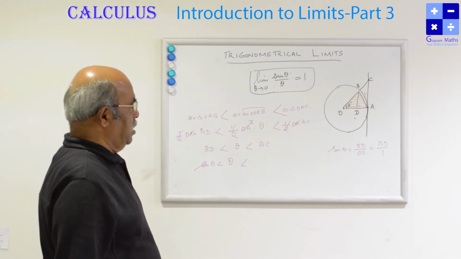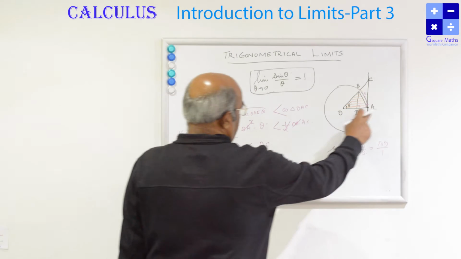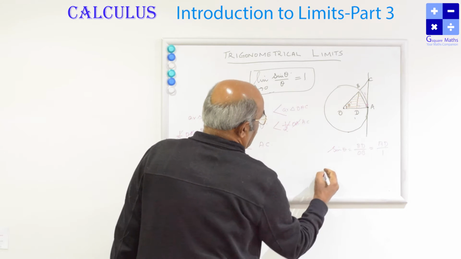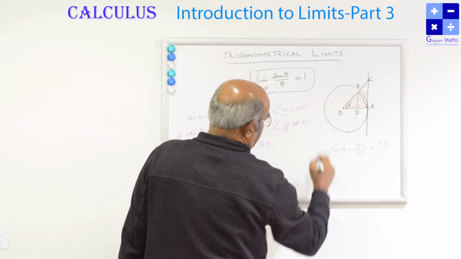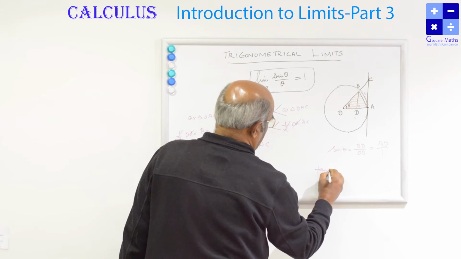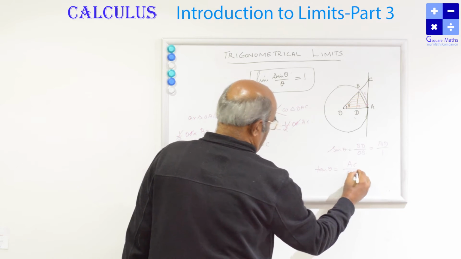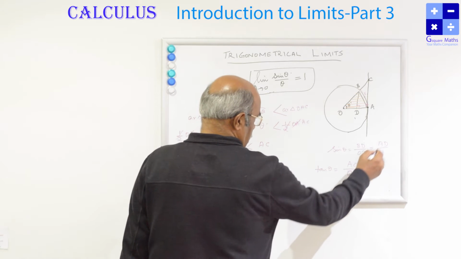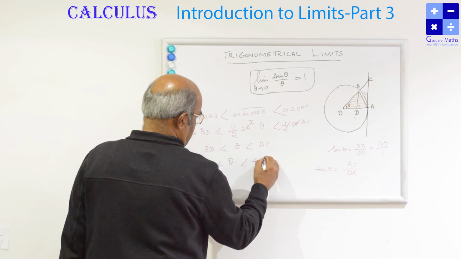Now come to AC. From the right angle triangle OAC, which has a 90 degree angle, let us take tan theta. Tan theta is equal to AC by OA, and OA is equal to 1, therefore AC is nothing but tan theta.